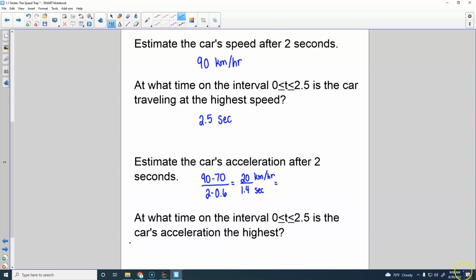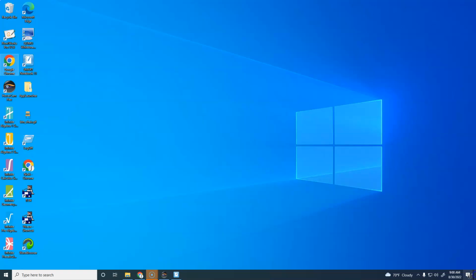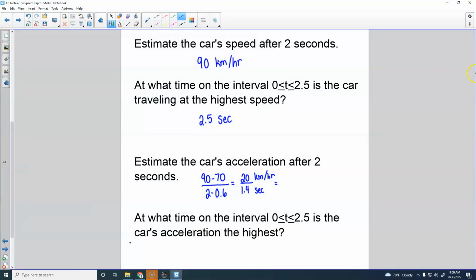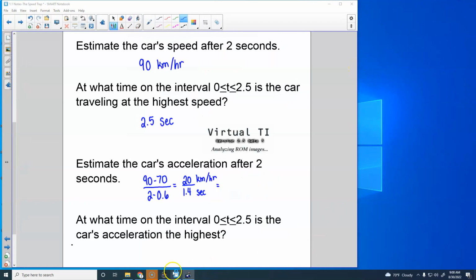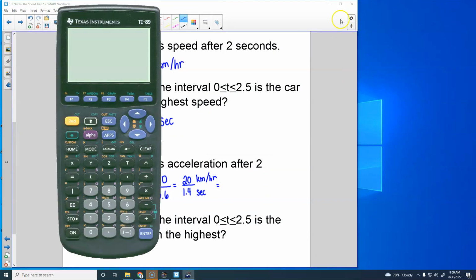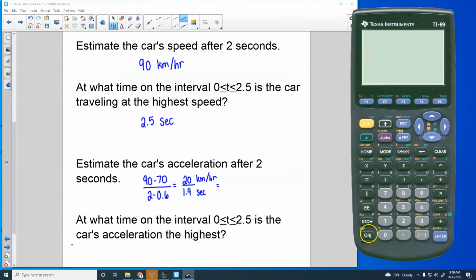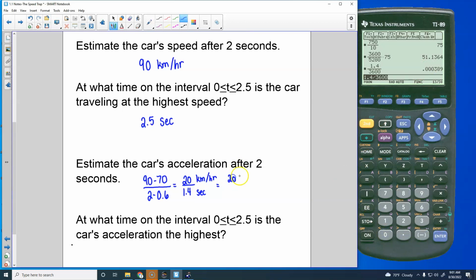So if we do that, 1.4, let me get my calculator, so that I'm not doing that in my head. So 1.4 divided by 3,600 is going to get, so we're doing 20 kilometers per hour over 0.00038, no, there's an extra zero there, hours.